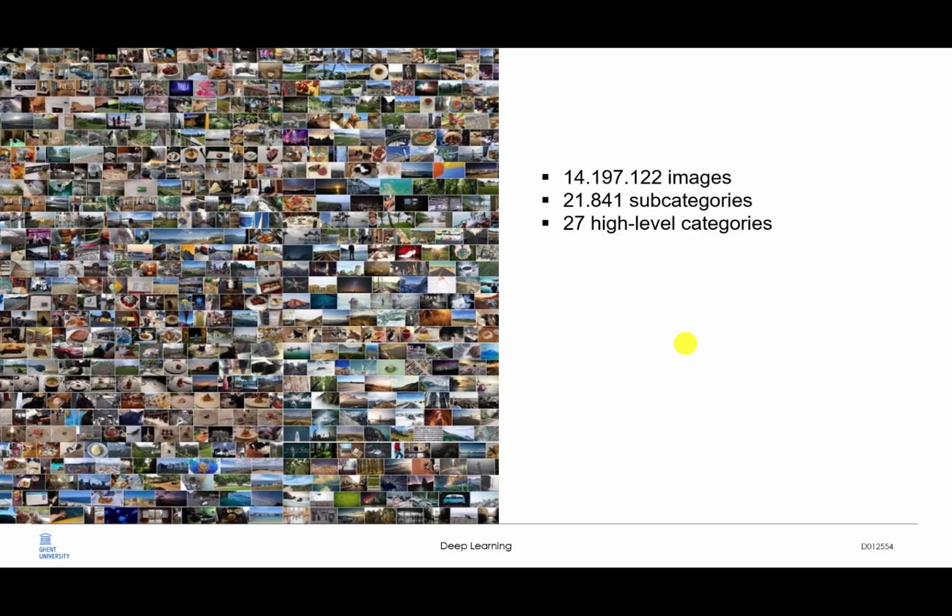Currently this dataset consists of more than 14 million annotated images. Right? So for each of them, we know what's in there. There's about 21,800 subcategories in there, and we have about 27 high-level categories. So this is what we call a very big dataset for machine learning, and this dataset has actually kicked off the deep learning revolution that we see today.